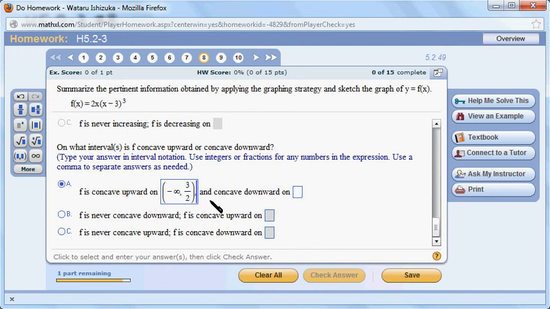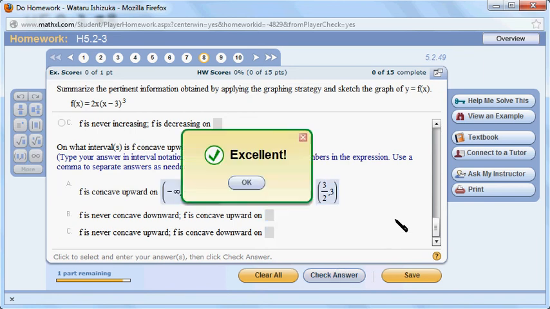So comma, and 3 to positive infinity. And the concave down in between, so it's going to be 3/2 and 3. Let's check that. Got that.